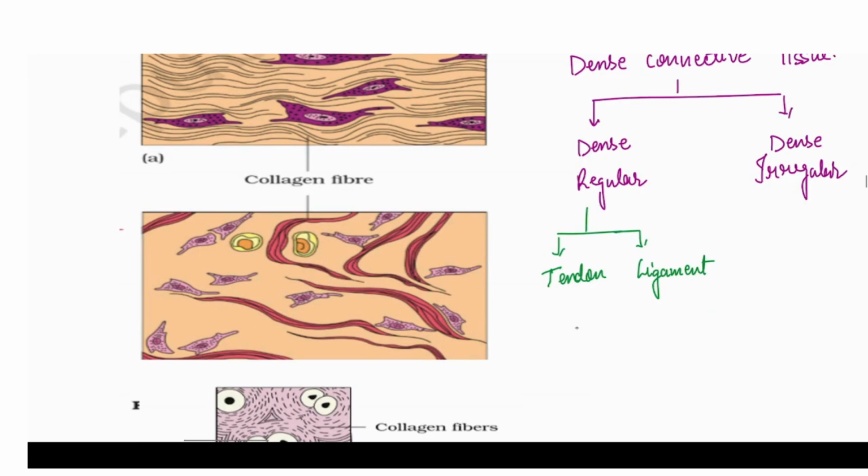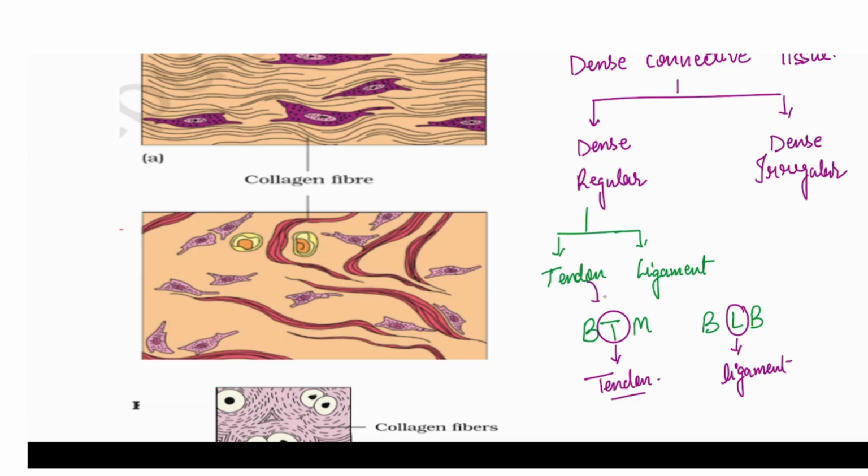For understanding, you can take the code words BTM as well as BLB. So BLB means the bone to bone attachment is occurring because of the ligament. And if there is an attachment from bone to muscle, that is because of the tendon.